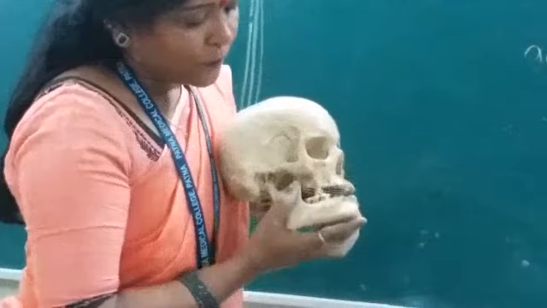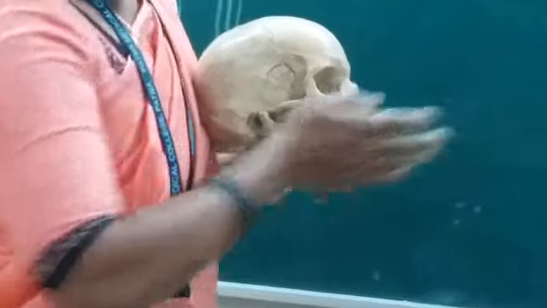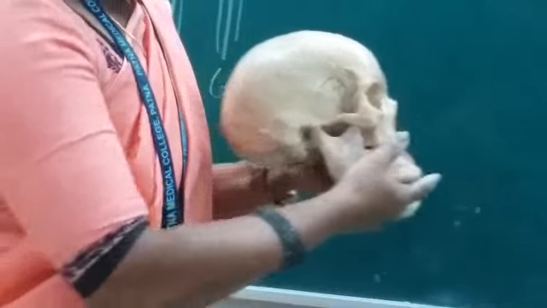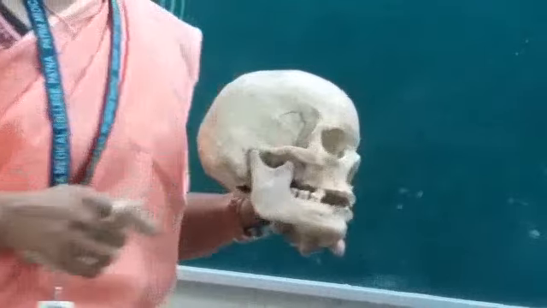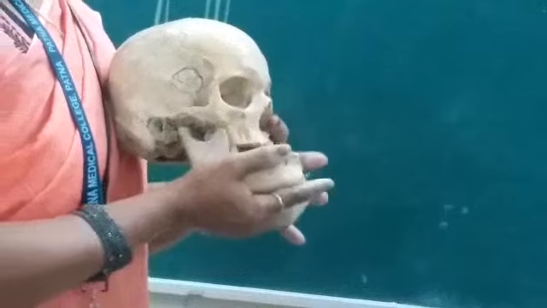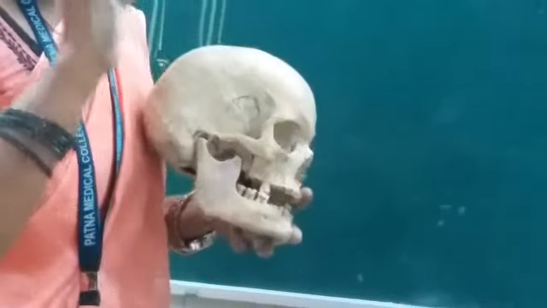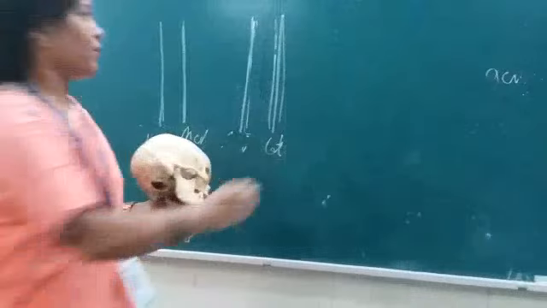So the forward movement is known as protraction, and the backward movement is known as retraction. So protraction, this forward movement, is done by the two pterygoid muscles. That is the protraction.